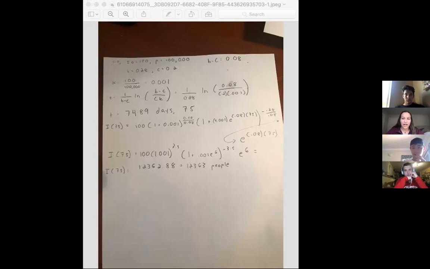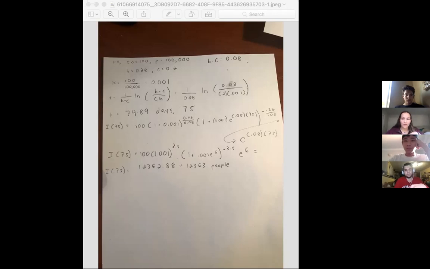So the formula for time is 1 over b minus c times ln of (b minus c) over ck. Then you plug it in, 1 over 0.08 times ln of 0.08 over 0.02 times 0.001, and plug that into the calculator, and you get approximately 74.89, which we round up to 75 days.